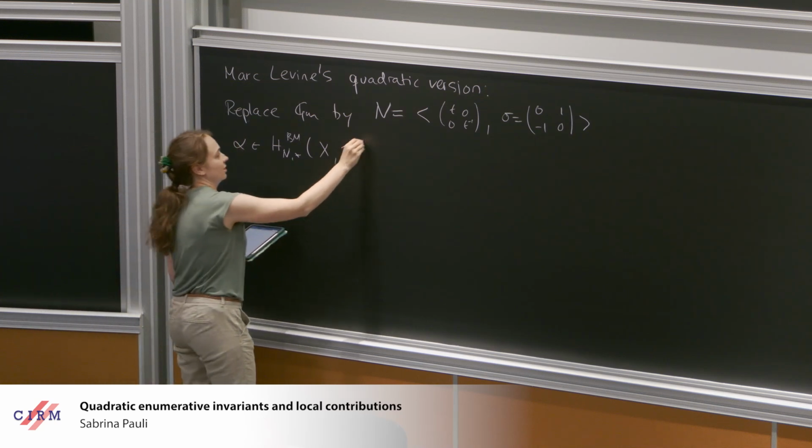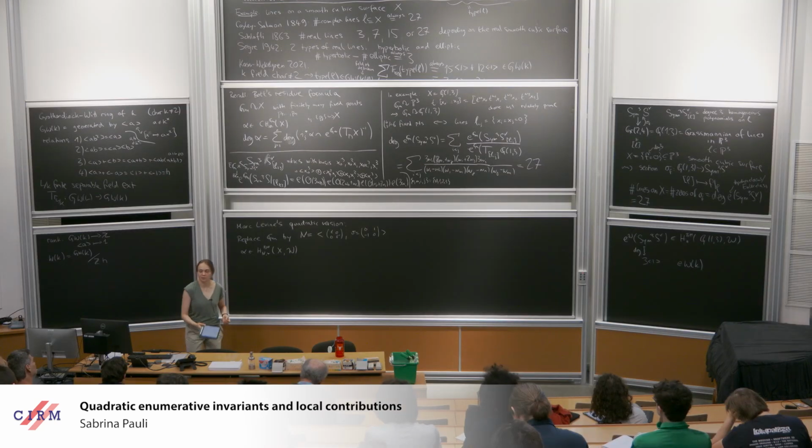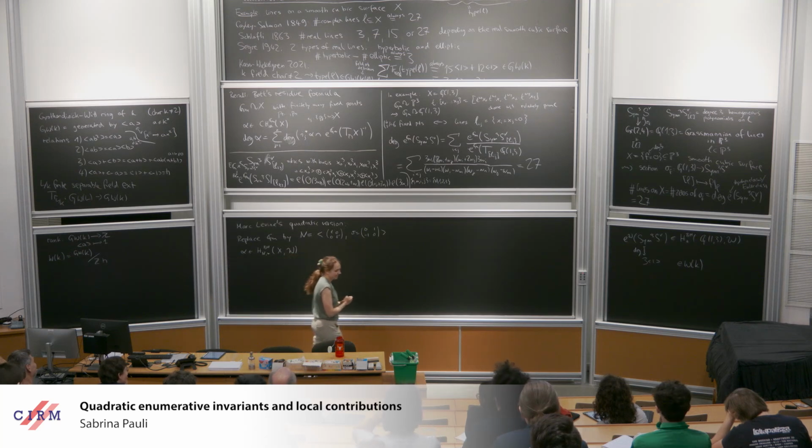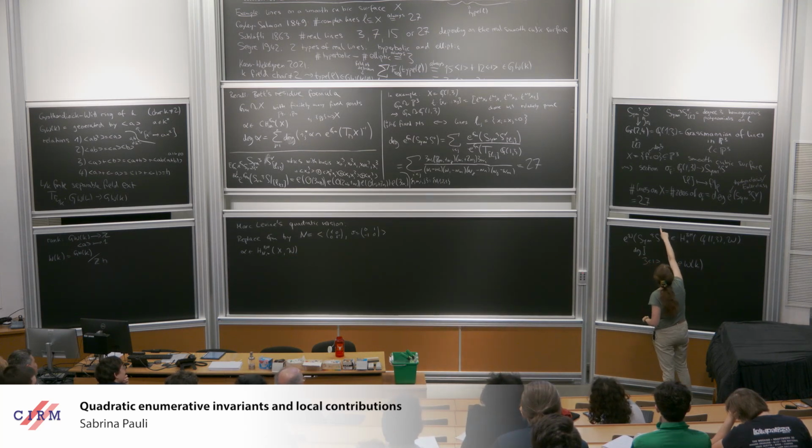So you computed this invariant in degree 0. So why is this the count of lines? I see that the number is the same. Yeah, that's something: the count of lines you can compute as a degree without the equivariant thing, right?